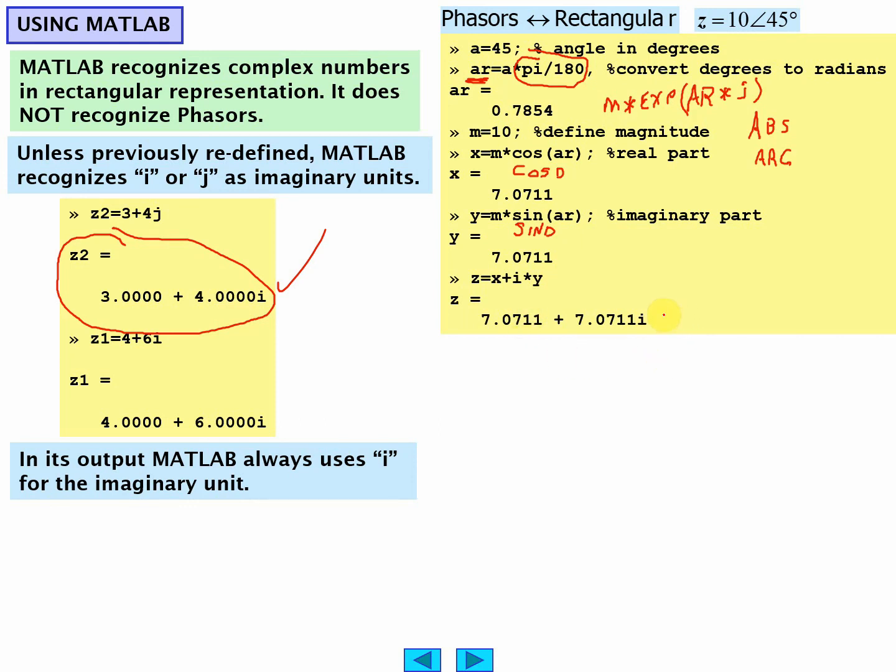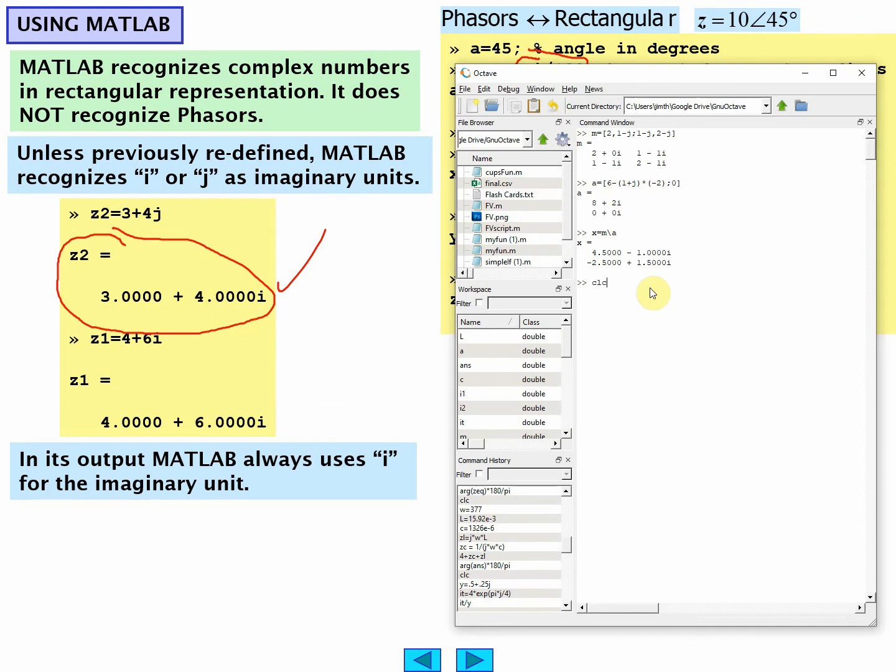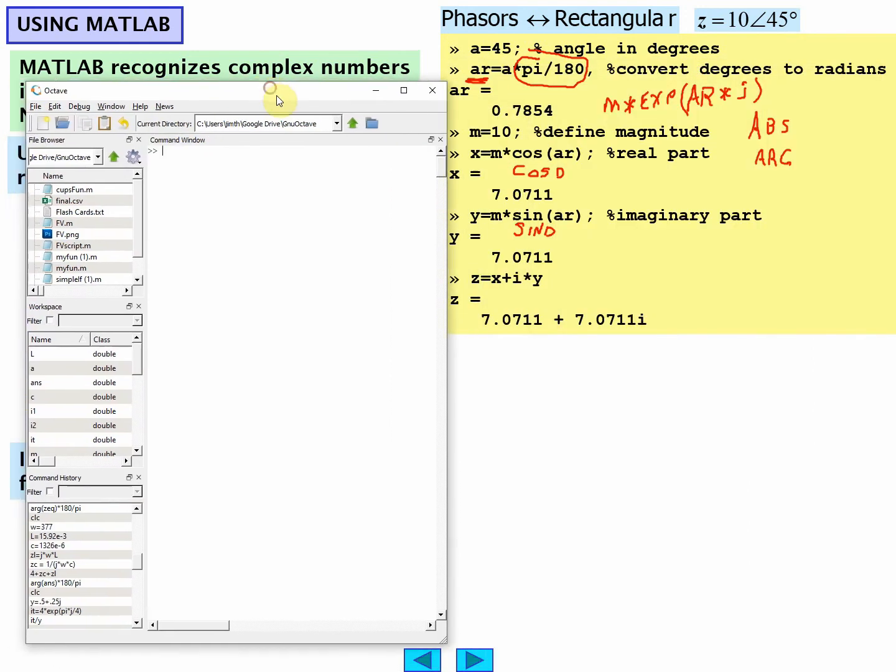Let's just double check that. 10 and 45. There we go. Z equals 10 times exponential of 45 degrees times pi divided by 180, times j.